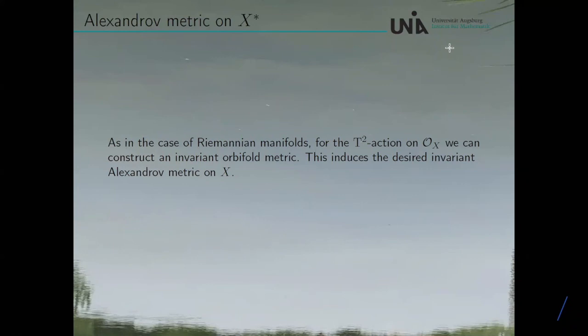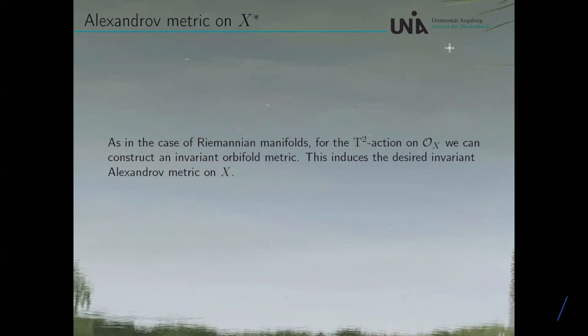No, so we construct a smooth orbifold, and like smooth manifolds, orbifolds also admit Riemannian orbifold metrics. So we have a smooth orbifold, we construct a metric on this orbifold, and then what we need is that this metric should be T2 invariant.